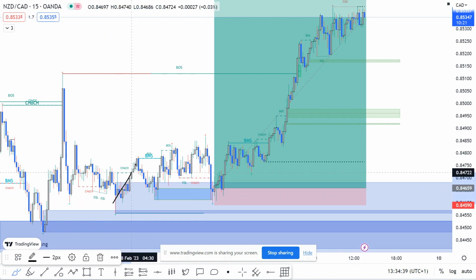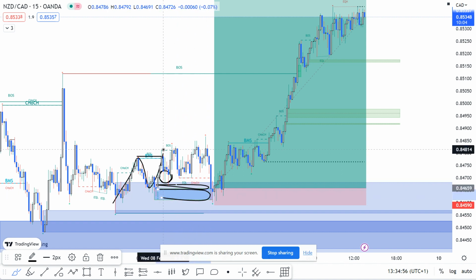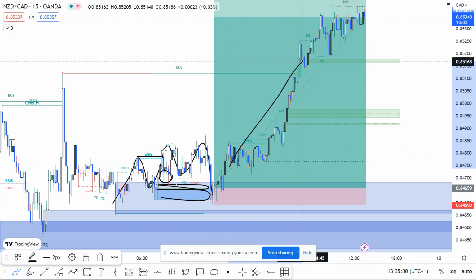So we have one break of structure, right? What led to the break of structure? This is the inducement. We have FVG at this point, and then this is the area to take trades.